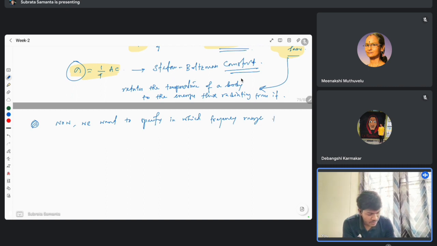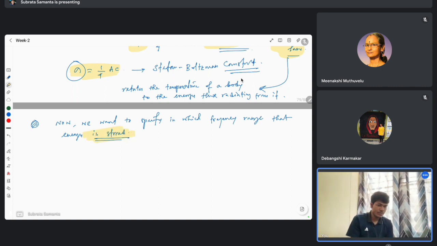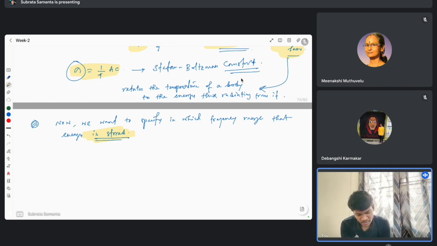Energy density is not a good observable to tell that. So we have to specify it in a specific range of the frequency or wavelength, and that is the spectral energy density.